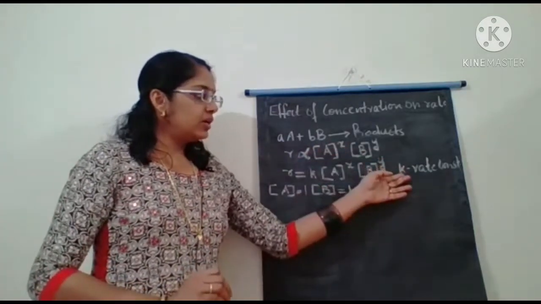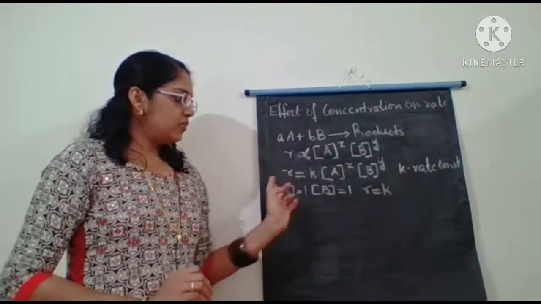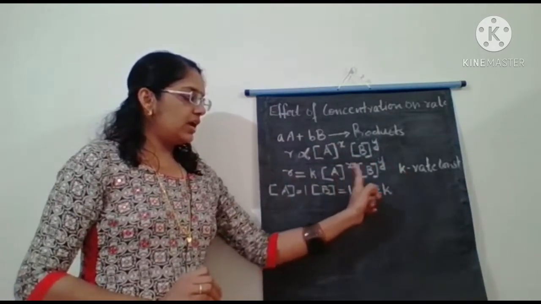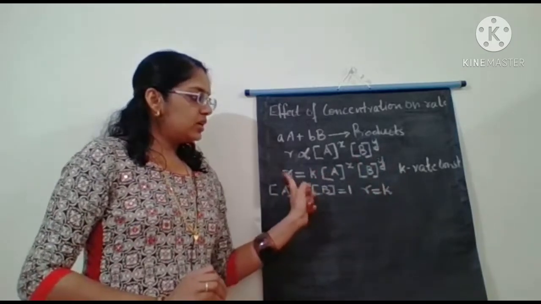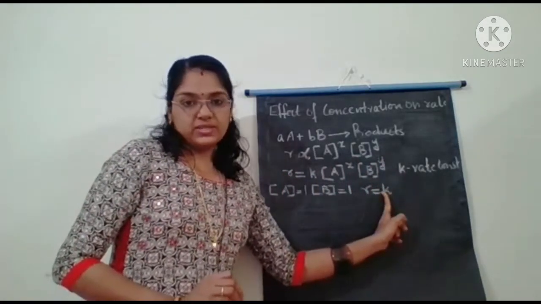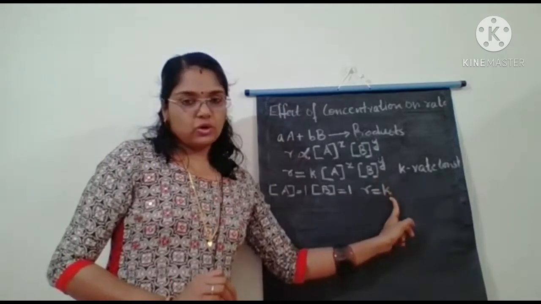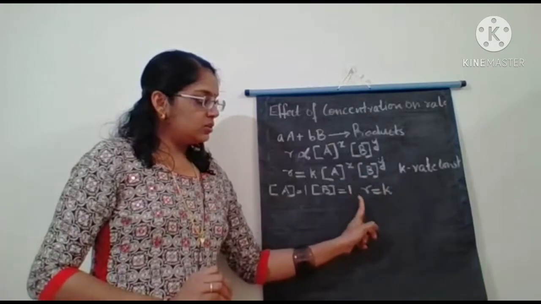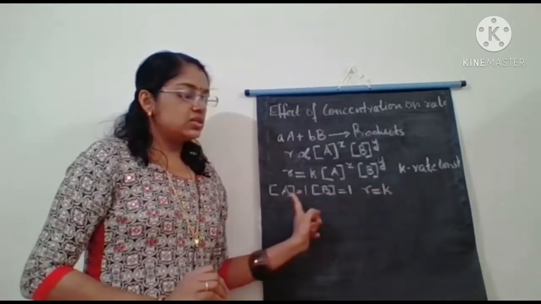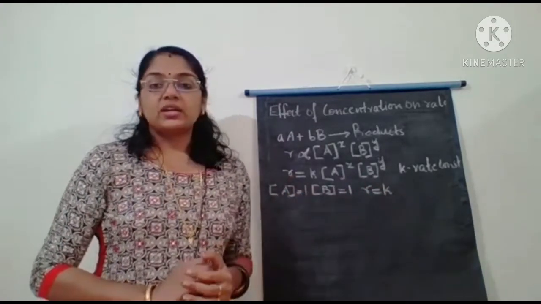We can define this rate constant this way: when the concentration of A and concentration of B are equal to 1, the rate of the chemical reaction becomes equal to the specific reaction rate, or rate constant.